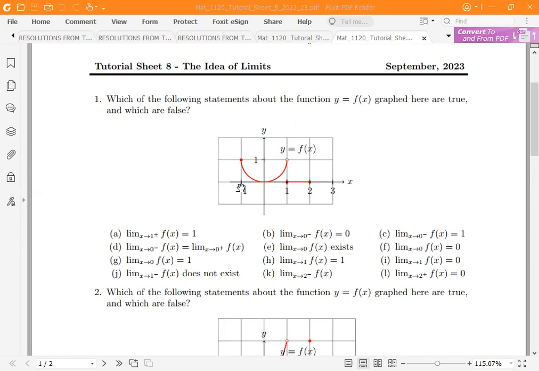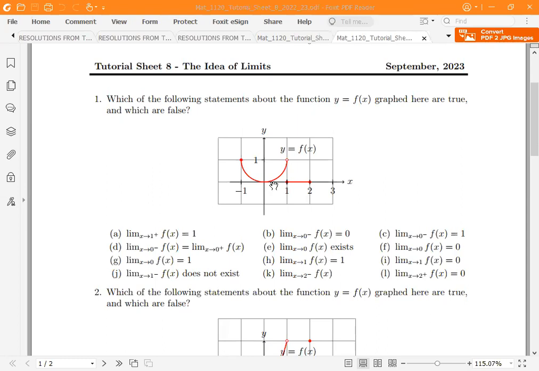So when you're looking at a function, when you look at a graph of any function, it should tell you so much about that function.